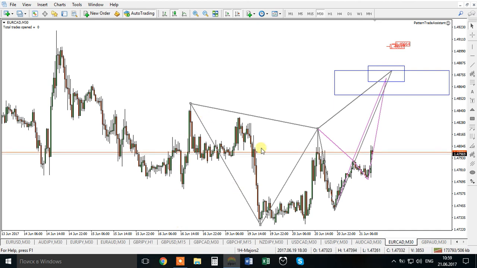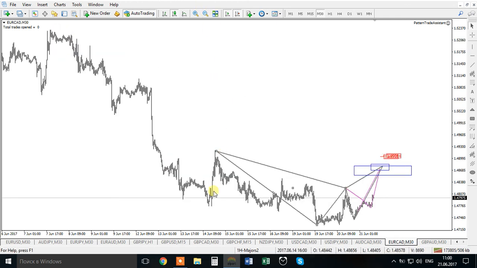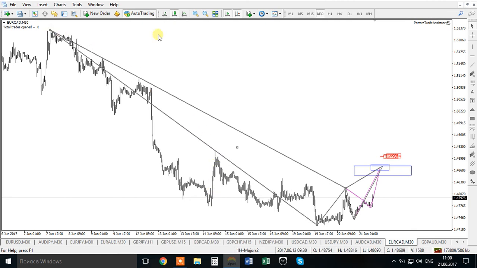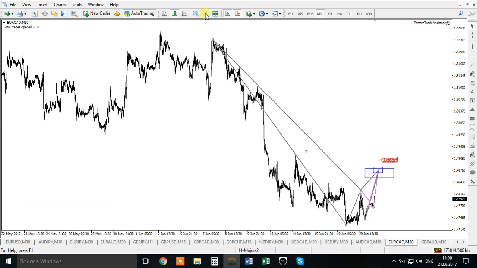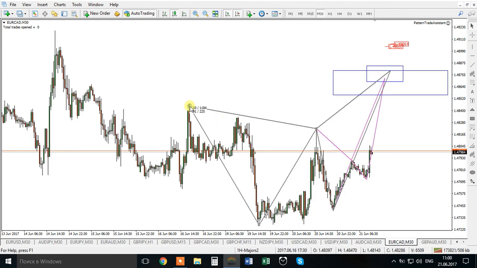So to draw the pattern the correct way, I should start it from here, like this. And even though it won't be valid, then I should start it from here. No, it's not enough. No valid patterns here to my rules. But guys, it all depends on your rules of swing identification and all your rules.